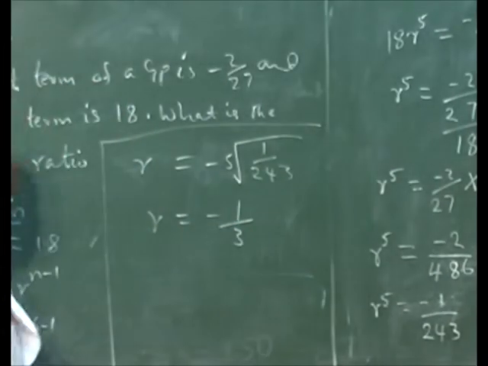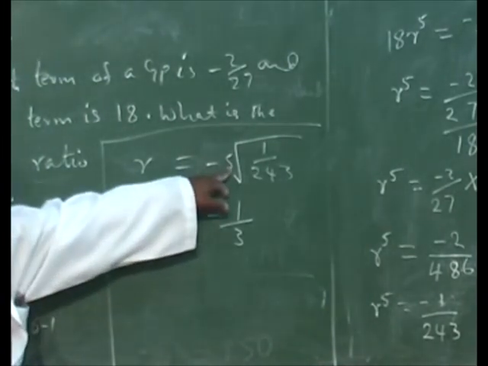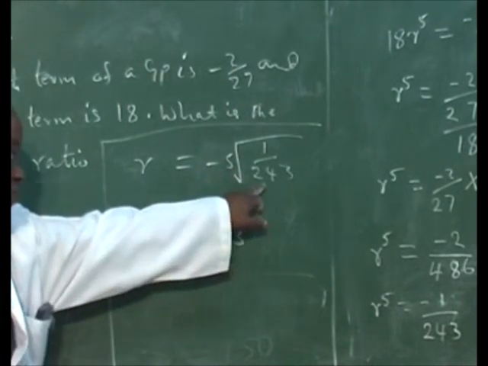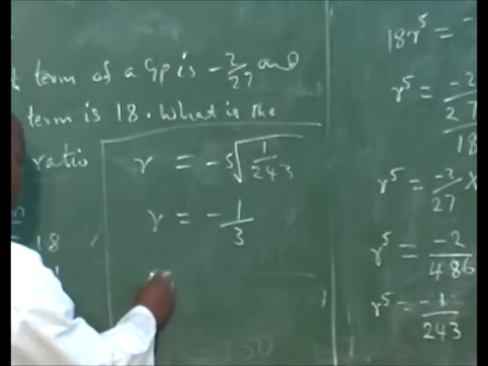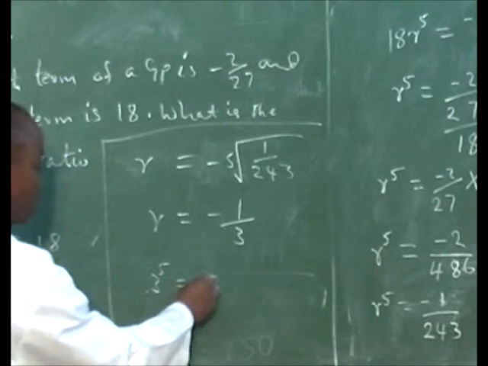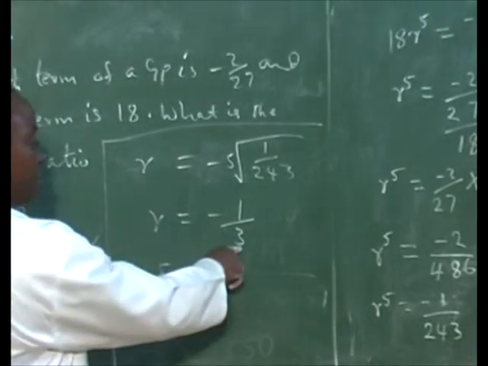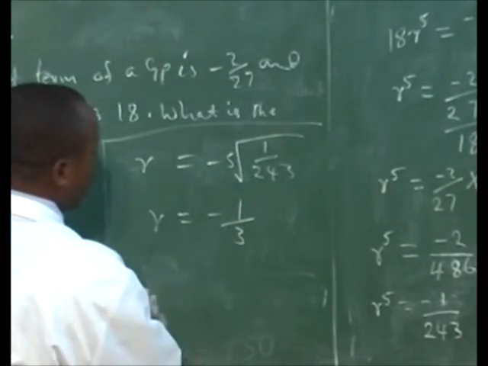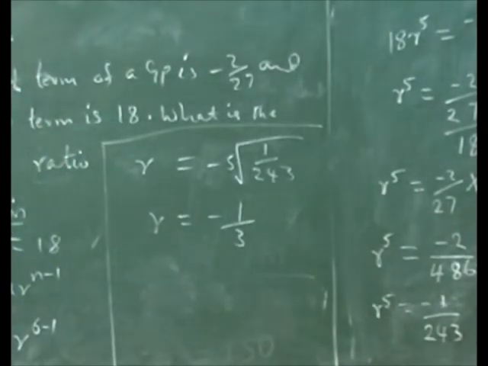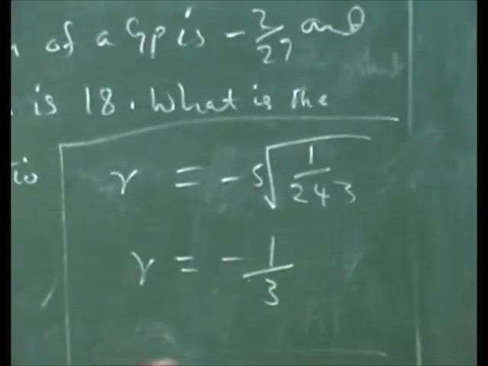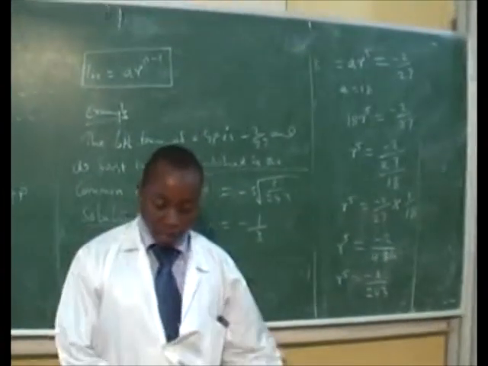How do I know? Because the fifth root means a number that you can multiply 5 times to give you this number. And you can see that 3 raised to the power 5 will give you 243. So r is equal to minus 1 all over 3. That is the common ratio we were asked to find. That is how it is done.